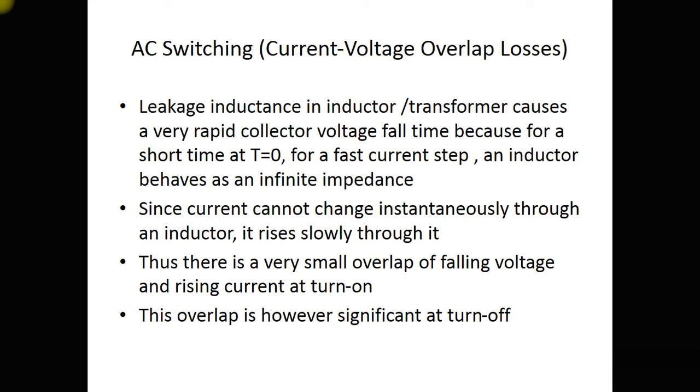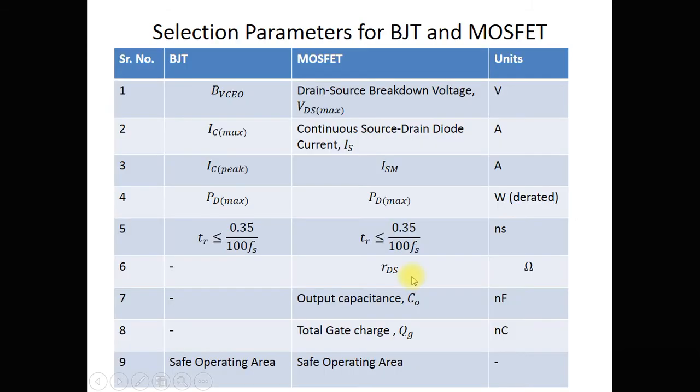So this is where the overlap occurs, which we had earlier assumed absent in the case of an ideal transistor, where current and voltage cannot both be maximum at the same time because it behaves as a switch. But practically this is a problem which you have to take care of. This overlap is significant at turn off most of the time.